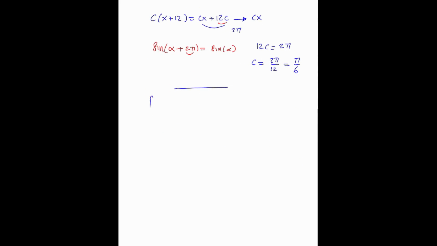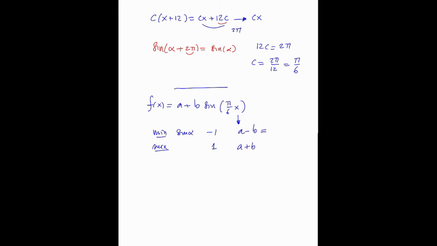Thus, our model f of x has to equal a plus b sine of pi over 6 times x. And now, what do we know about the sine? The minimum value of the sine is -1, and the maximum value of the sine is +1. So for this function, its minimum value will be when the sine is -1, which is a minus b, and its maximum value will be a plus b.